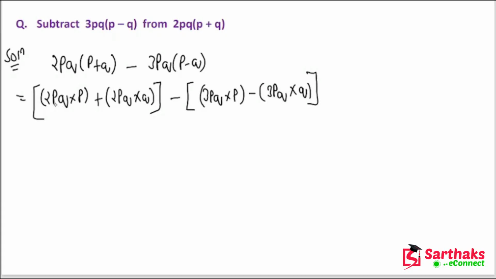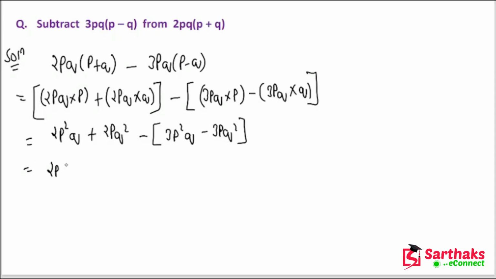So it would be 2p square q plus 2pq square minus 3p square q minus 3pq square.